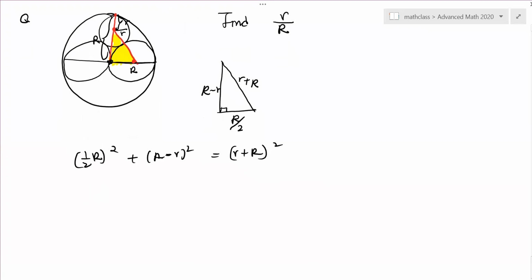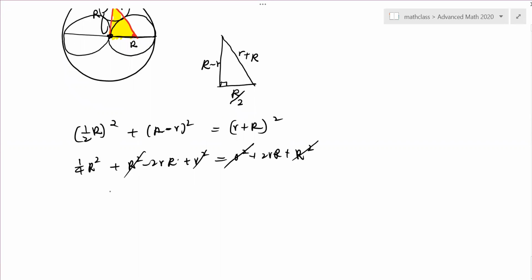Right, then you solve it. That's it. It's a quarter of capital R squared, R squared minus 2R little r plus little r squared. Okay, so little r squared cancelled out, capital R squared cancelled out. And a quarter of R squared equals 4 little r capital R.